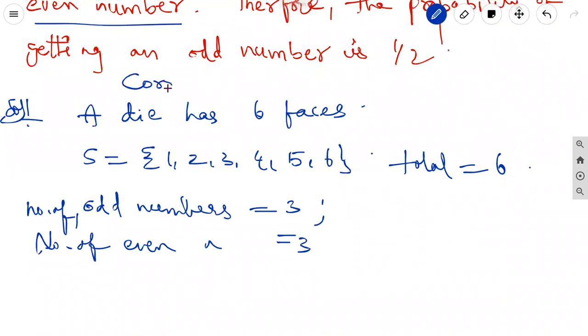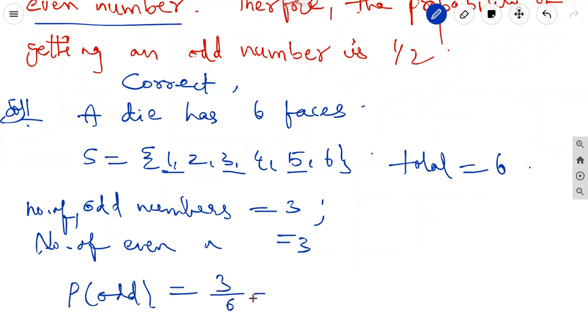So, yes, it is correct. Why? The collection of sample space only odd numbers and even numbers. In that, the probability of odd number is equal to 3 by 6 equal to 1 by 2. Probability of even number equal to number of even numbers in the sample space 3, total 6, 1 by 2.